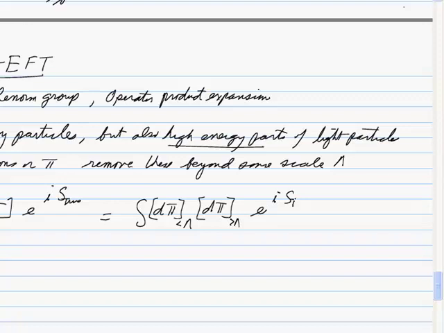E to the i S true. Okay. And this guy gets calculated, integrated out. So this turns into e to the i S effective, which is a function of pi and lambda.